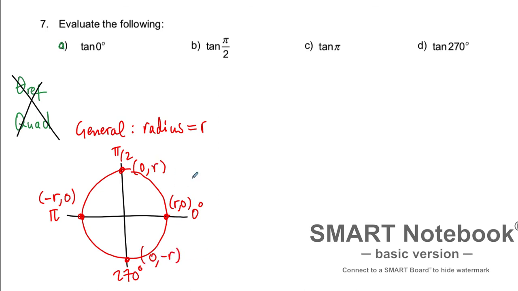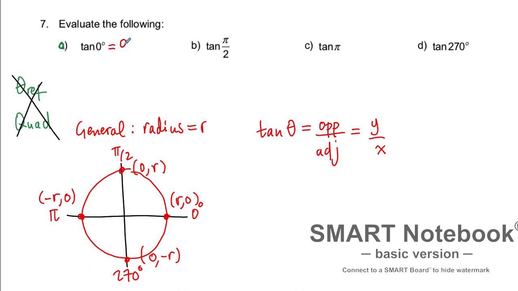So we just look at the coordinates of each of these points in order to figure out the tangent by its definition. So let's just remind ourselves of the definition for tangent. Tangent of the angle used to be opposite over adjacent, but we've upgraded that to give us y over x. And so for the tangent of 0 degrees, we put our pencil on the 0 degree angle, and we take the y coordinate divided by the x coordinate.